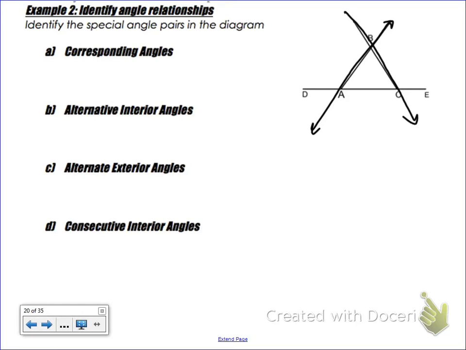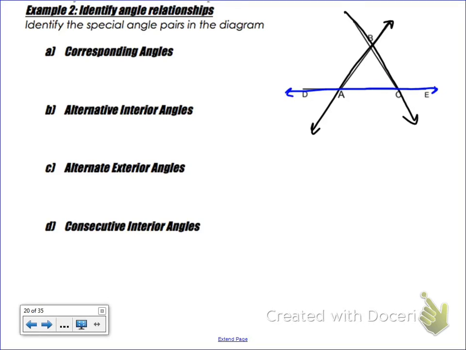Remember that I have two lines that are going to be intersected by my transversal, the blue line is going to be the transversal. So my two groups of angles are going to be right here and right here. So I always want to pick one angle from each of these. If we start with our corresponding angles, remember the corresponding means they're in the same corresponding position.